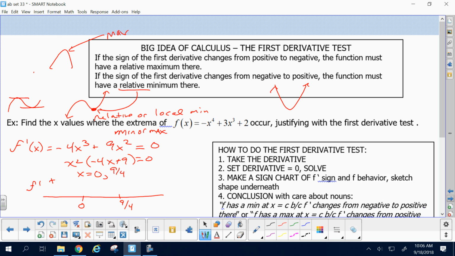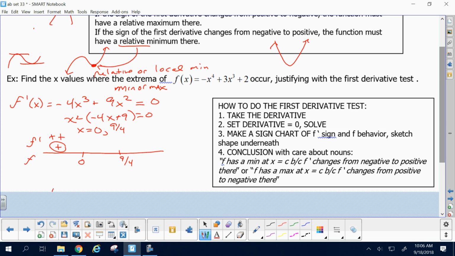Negative 4 times negative 2 plus 9. Is that positive or negative? Negative 4 times negative 2 is 8 plus 9, that's positive. So, f prime is positive in that interval. What does that mean about f then? If f prime is positive, then f is increasing.